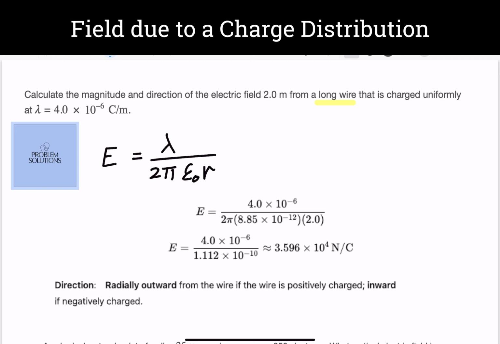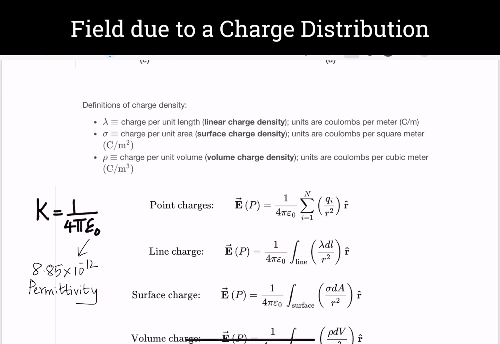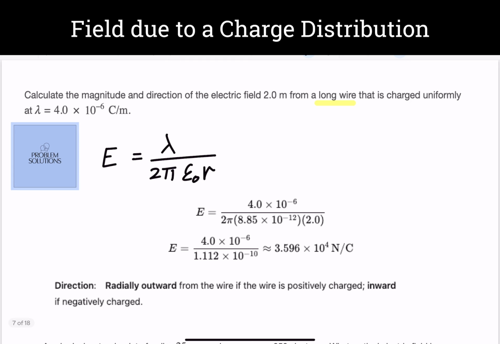After integrating the expression that we had on the other page and applying the limit that the length tends to infinity, you get this formula. I'm not going to take the time to do all the calculus here because that's going to take a couple more hours. So you have to remember this formula and remember that it's applicable when a long wire, meaning infinitely long, is uniformly charged.